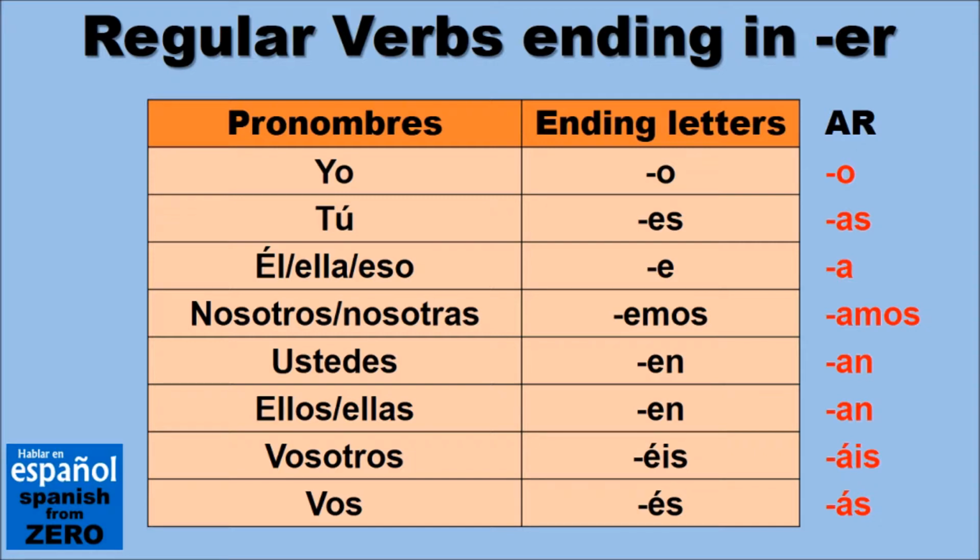The only thing that we do is change the A, we use E instead. For example, yo finishes with o, tú finishes with s or as, depending on the kind of verb. And in the same way, all of them just change the A for E, la A por E. So this is going to be really simple.